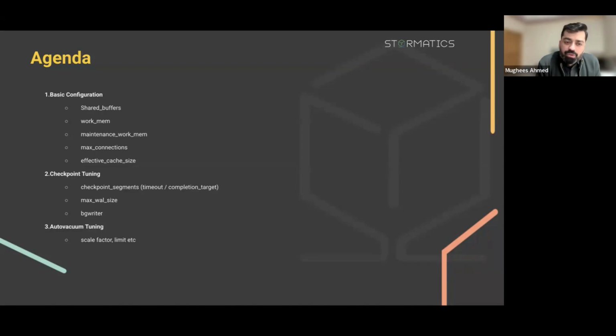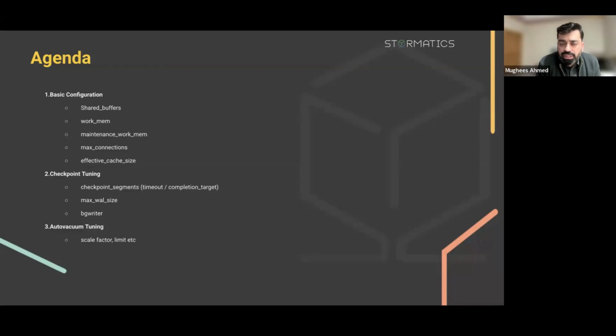So why checkpointing? We have mentioned max_wal_size, the background writer, and checkpoint segments. These three parameters you always work on together, which is why we have kept them under checkpointing. Whenever you want to tune your checkpointing, you need to touch all three of them. After that, we have autovacuum tuning, with a bunch of about 10 parameters which we are going to touch.